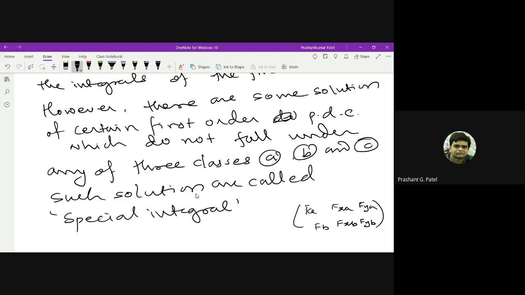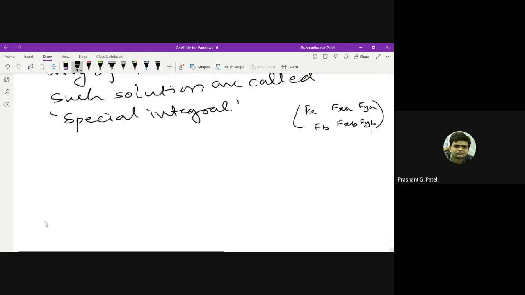If it is a one parameter family, that means z equal to f of x, y, a, b is the solution and you convert your value of b in terms of a, b equal to f of a, then it is known as general integral. And what is a singular integral? It is where you are able to find out both the values a and b.